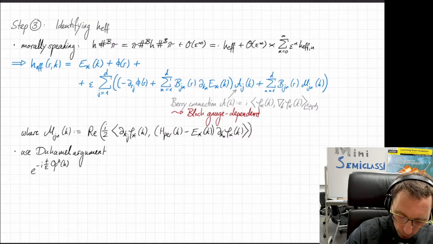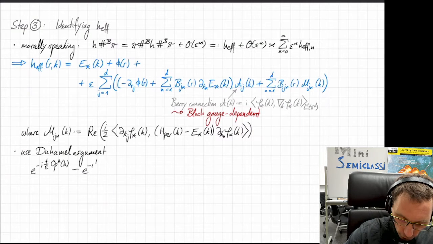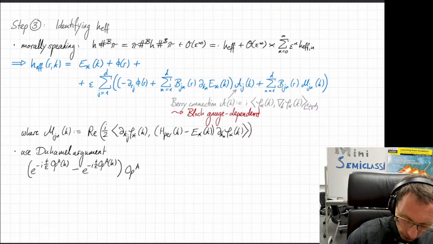So there's no approximation on the left. And I subtract from that the effective time evolution, and I'm just looking at states from the relevant subspace. Then this is equal to order epsilon infinity in operator norm.